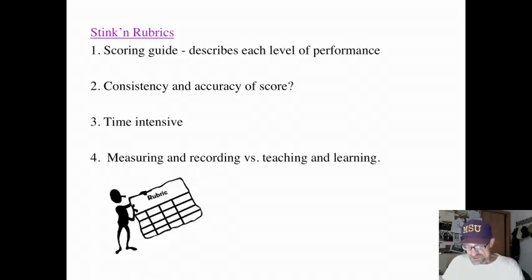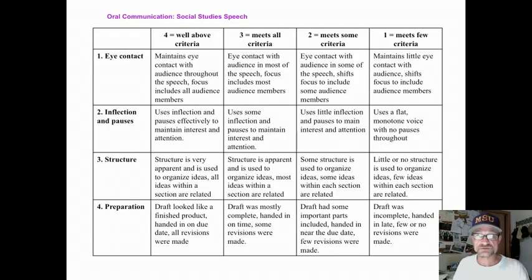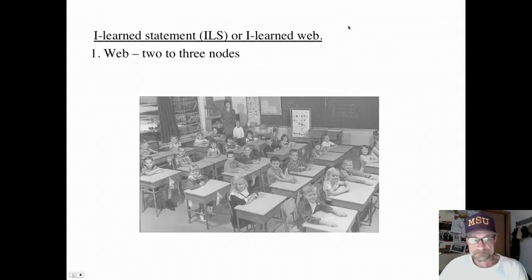Are we focusing on measuring and recording or teaching and learning? A rating checklist provides much the same results and is much more pragmatic in terms of description. This is an example of a rubric for oral communication. I described each level. And again, there are places for it to be used. I just find that it is too cumbersome for what you get out of it.